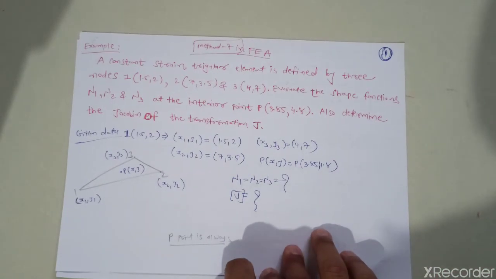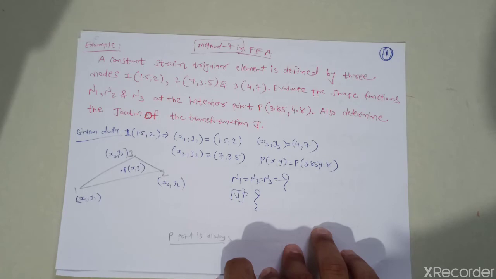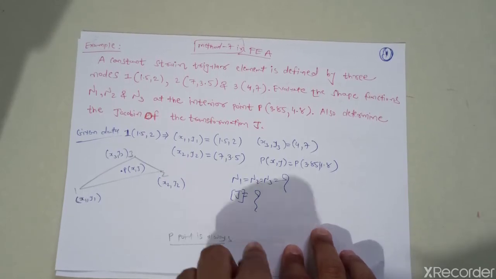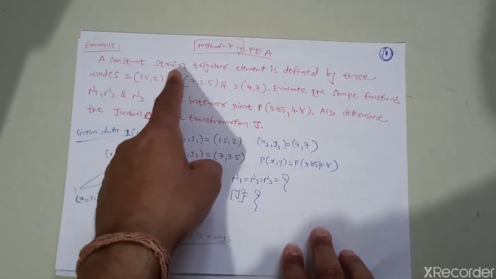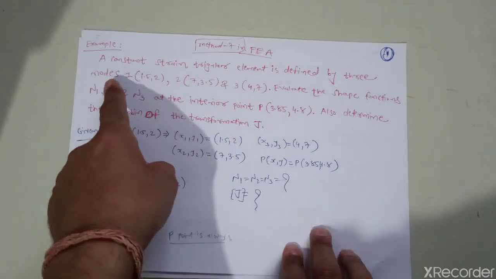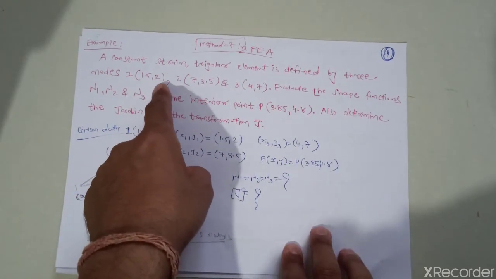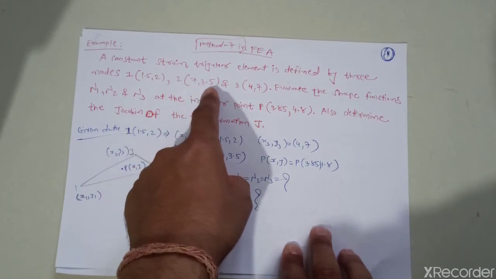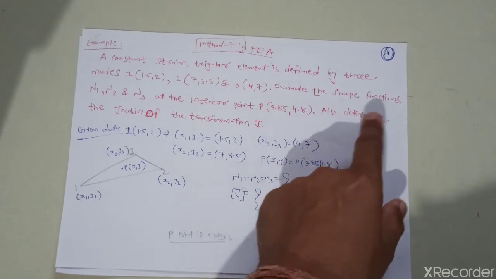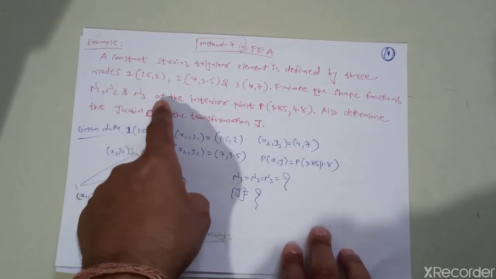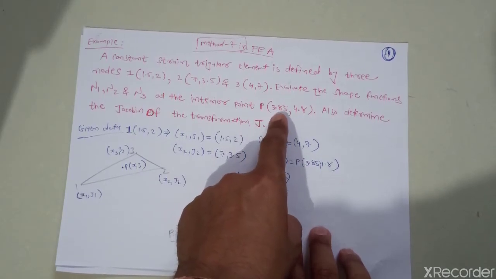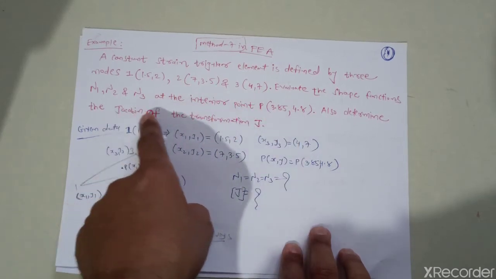Now let's take an example. This example is number 7 in FEA. The question is: a constant strain triangular element is defined by three nodes: (1.5, 2), (7, 3.5) and (4, 7). Evaluate the shape functions n1, n2 and n3 at the interior point P, which is (3.85, 4.8), and also determine the Jacobian of transformation.